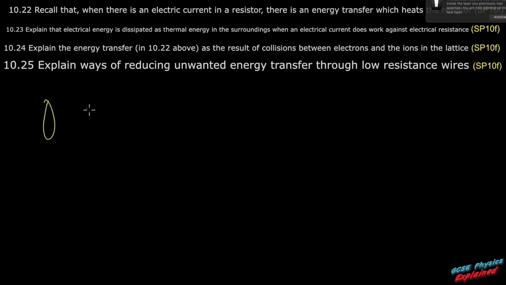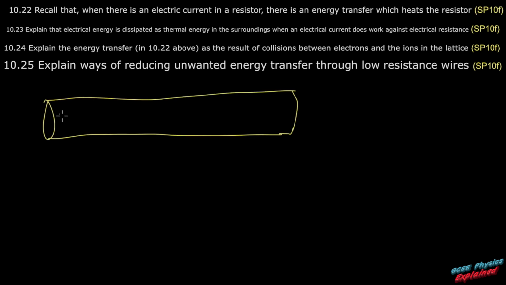If you've got a wire, that wire is made of lots of little ions, metal ions. You'd call them an atom, except each little atom has lost an electron. These are the free electrons that flow through the wire.